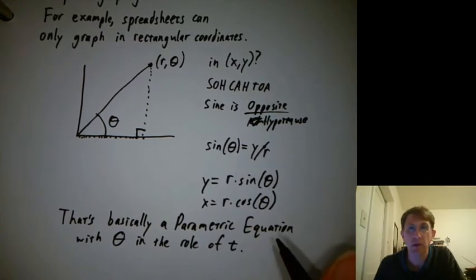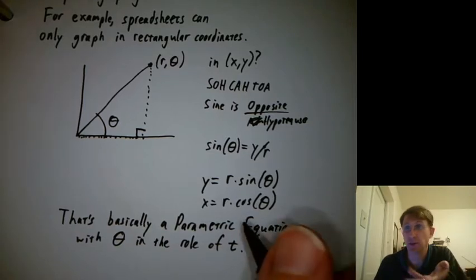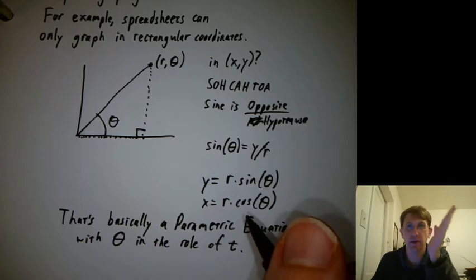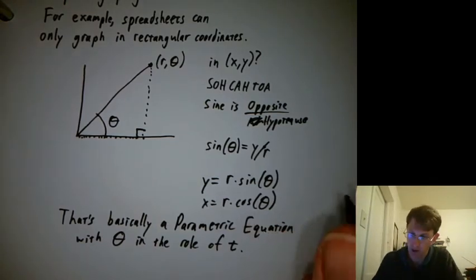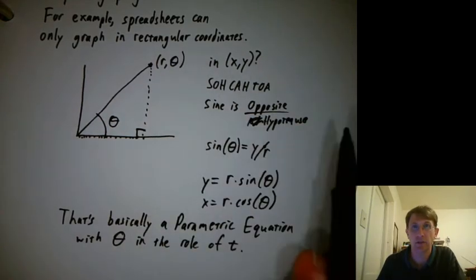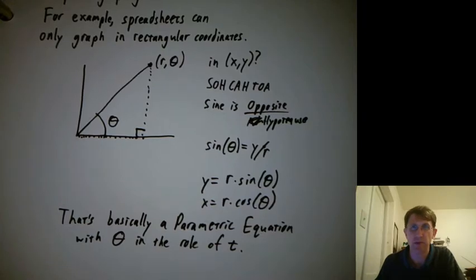Back in parametric equation territory, we said t is often time, but not always. And here it's not time, unless you're thinking of sweeping out a constant amount of new theta per unit time. So that's turning polar coordinates into x and y, and it's reasonably straightforward.